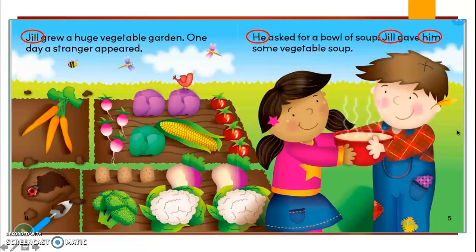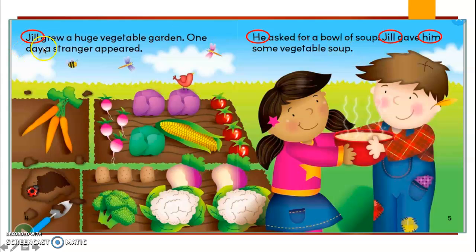We've already read this story as well. This is Jill and the Beanstalk. "Jill grew a huge vegetable garden. One day a stranger appeared. He asked for a bowl of soup. Jill gave him some vegetable soup."